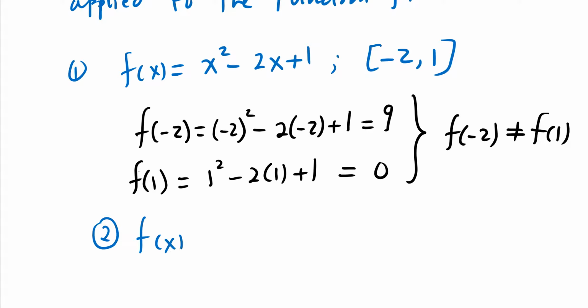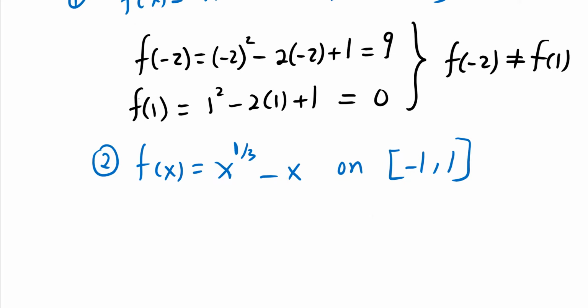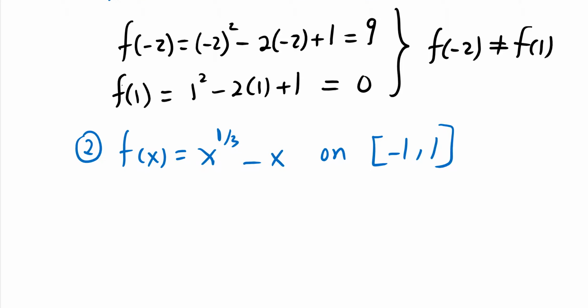F of x equals x to the 1/3 minus x on the interval -1 to 1. So the first thing I'm going to do is, I don't know how this function looks, but usually if you have rational exponents like this, that reminds me of differentiability.